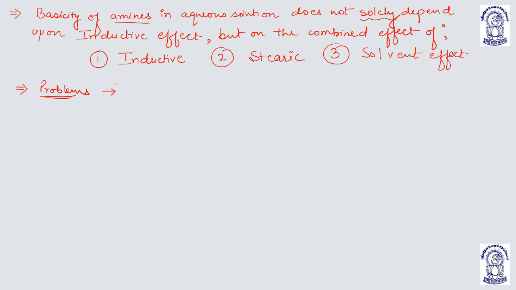For example, if you want to find out the value of Kb, Kb is the dissociation constant. If Kb is high, more will be the basic character.